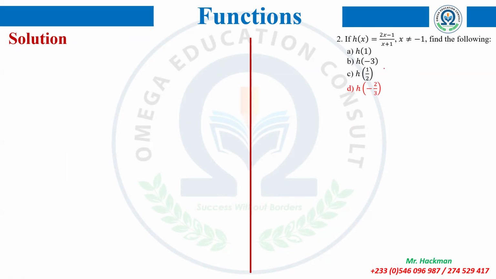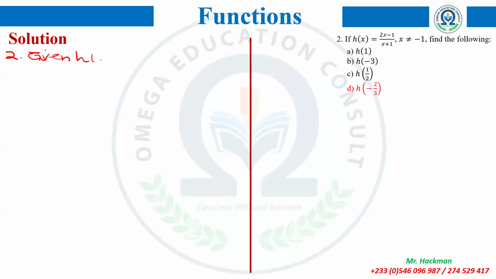As usual, when you read the question, check whether you have a salient part to underline. You don't have any salient part to underline. After that, the first thing that you write is solution. If the question is numbered, your solution must be numbered appropriately as well. So in this case, 2. The information that I need here is the function, so I'm going to extract the function. Given, and what's the name of my function?